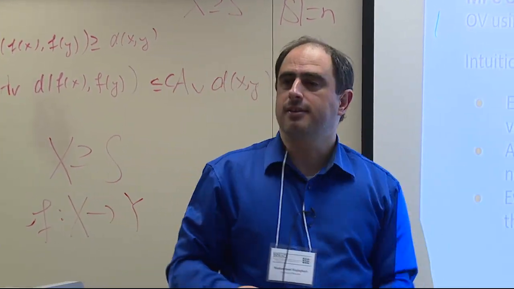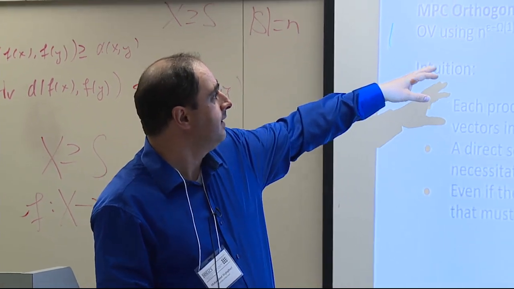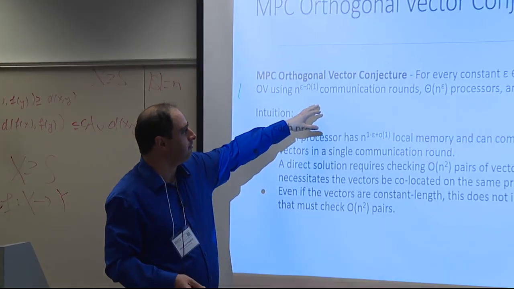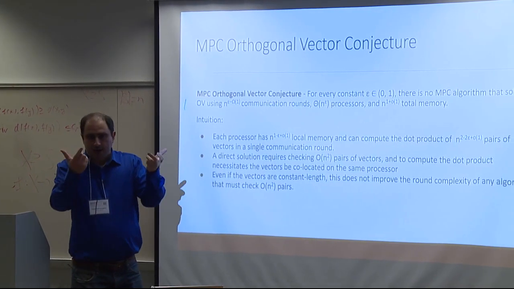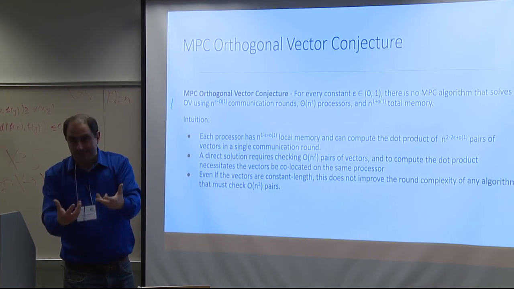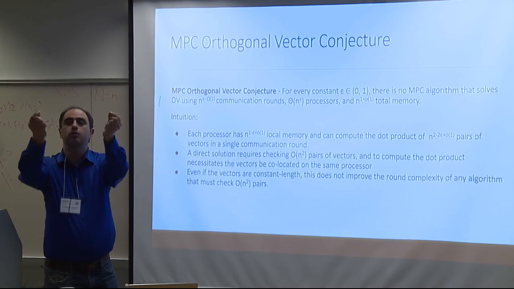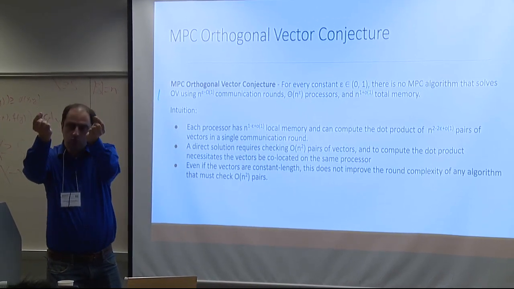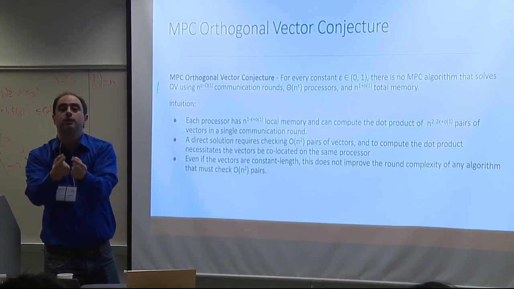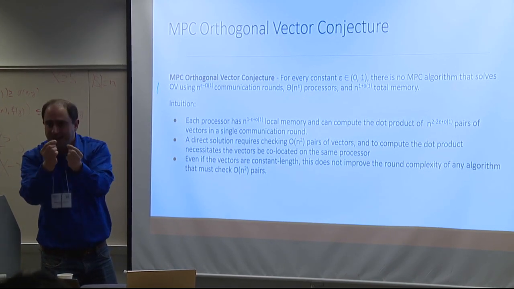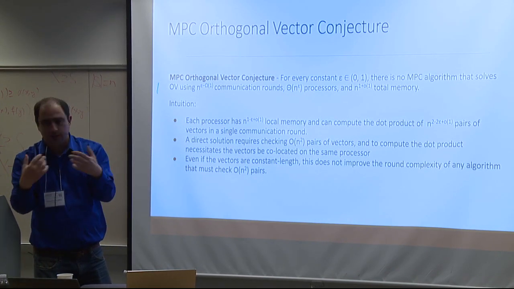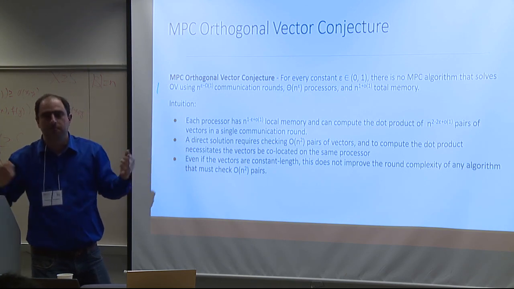Now let's consider this case. We have n to the epsilon processors. The idea is that the only way you can solve this problem is that at some point you send two of these vectors together to one machine, such that the machine can multiply them and say whether it is 0 or not. There is no other way than this.